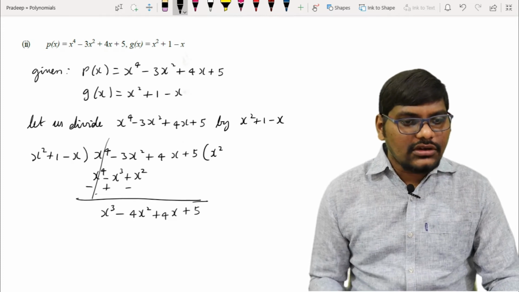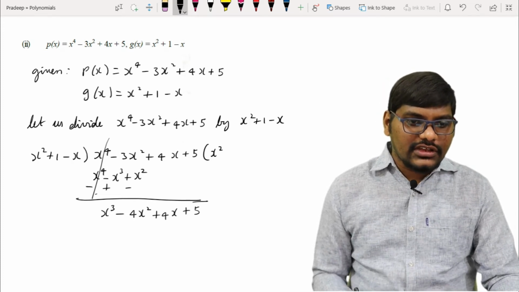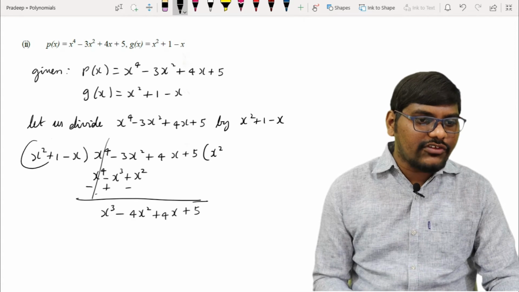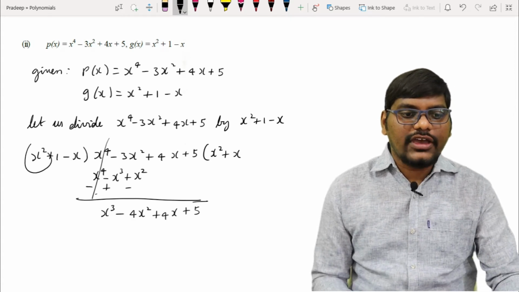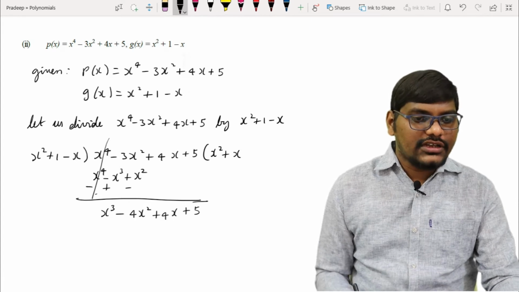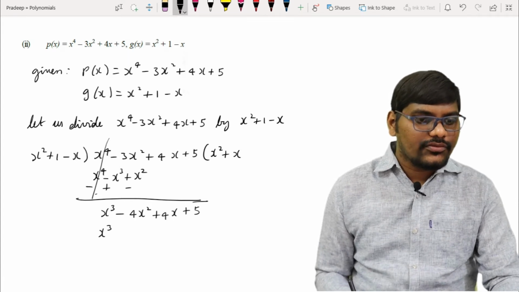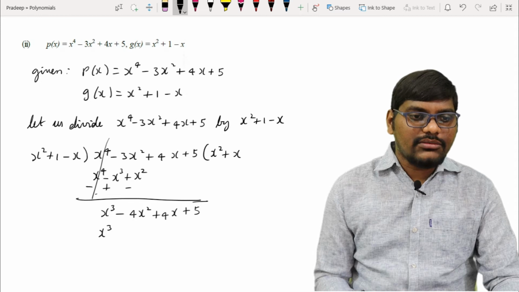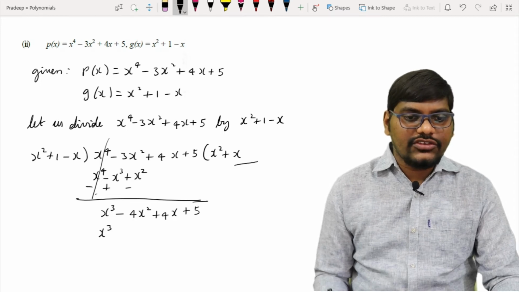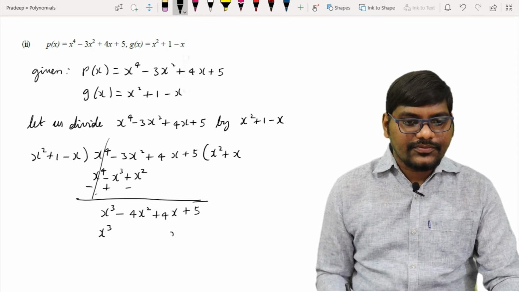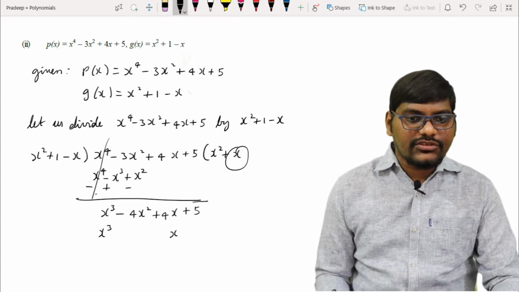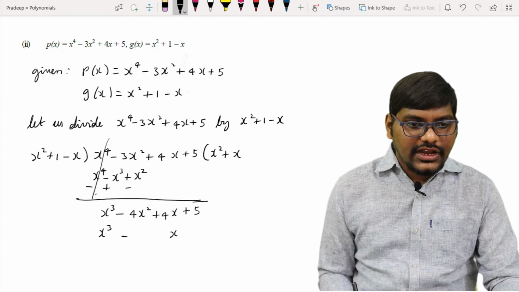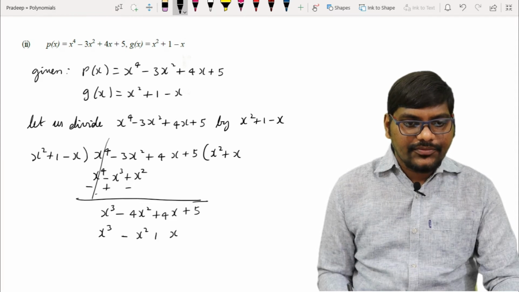Okay, so now let's go with the next term. Here we got x power 3, here x square is there. So if I just take x over here, x square into x is how much, that is x cube. Okay, and let's take the next term also, that is 1 into x, that is just an x. So now this minus x into x is minus x square. So here I can write minus x square.